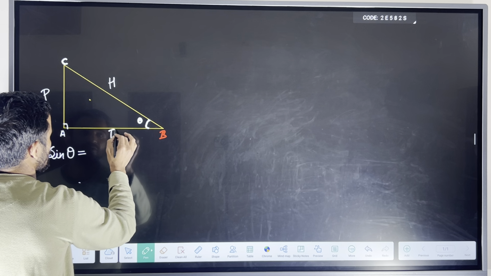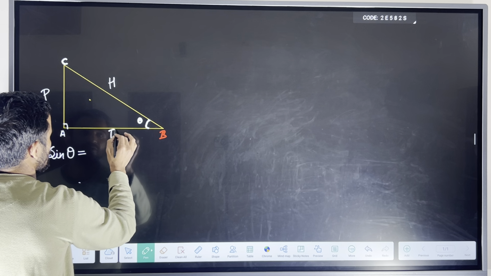That is, sin theta is equal to perpendicular upon hypotenuse, cos theta is equal to base upon hypotenuse, and tan theta is equal to perpendicular upon base. Okay, so these are the six trigonometrical ratios we studied in yesterday's class.